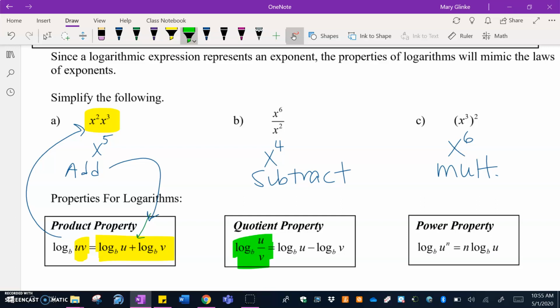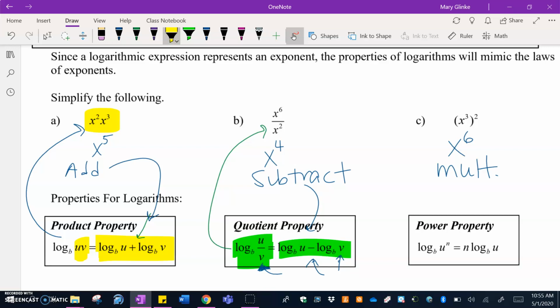So if you have two things that have the same base, if it is division, that's really going to stand for subtraction. And the reason being is because this exponent of the one in the bottom has to be a negative exponent because it's being divided. So that actually is why it has the negative out in front to show that's what was in the denominator.